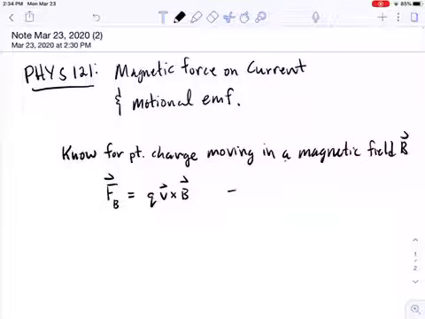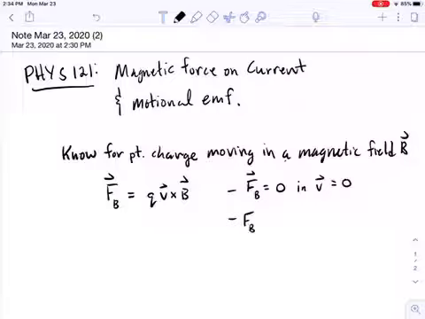This is kind of a review of some of the things that we talked about in the previous video, is that the magnetic force is equal to 0 if V is equal to 0. So there's no magnetic force on a stationary charge.